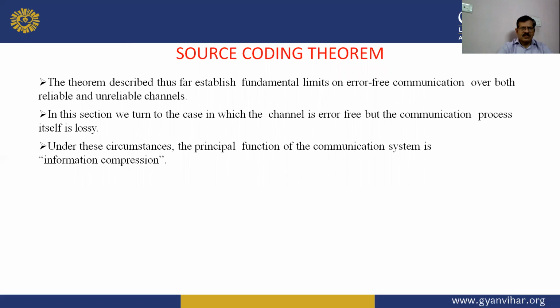In this section, we turn to the case in which the channel is error-free but the communication process itself is lossy. Under these circumstances, the principal function of the communication system is information compression.